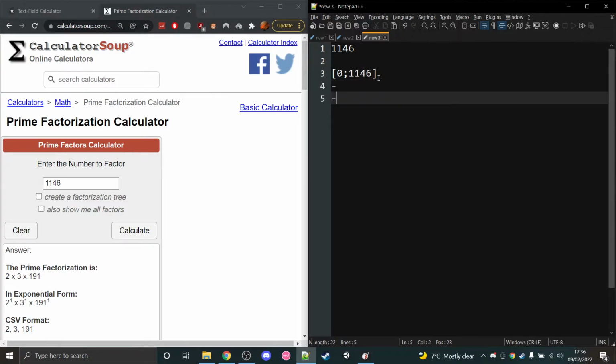This is generation 1, so that's why I'm marking each of these with 1 dash, because they are all children of this node. And with this, we need to put in our first values. The left value, like I said, is the prime factor itself. So 2, 3, and 191, ordering them from lowest to highest.